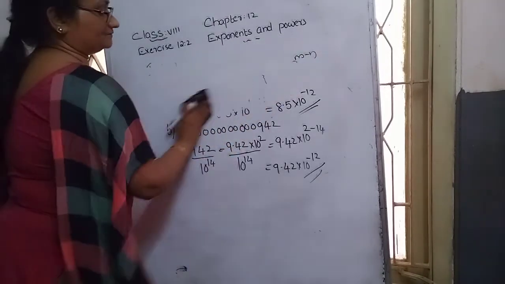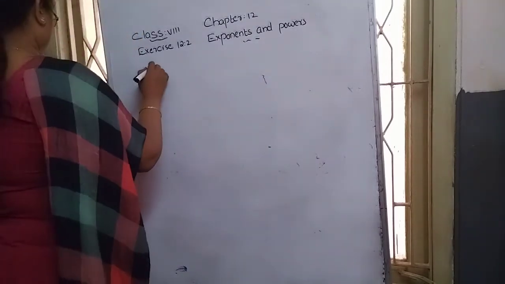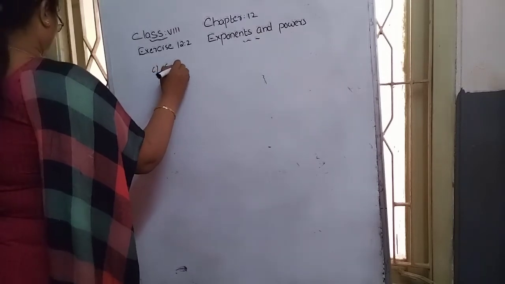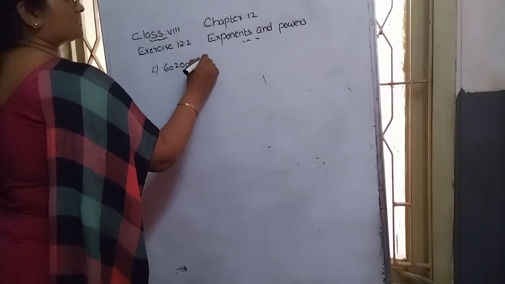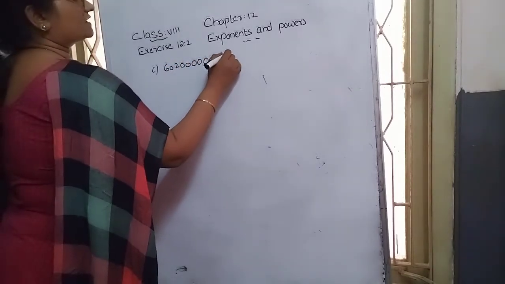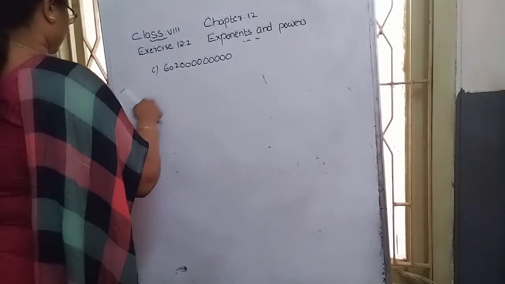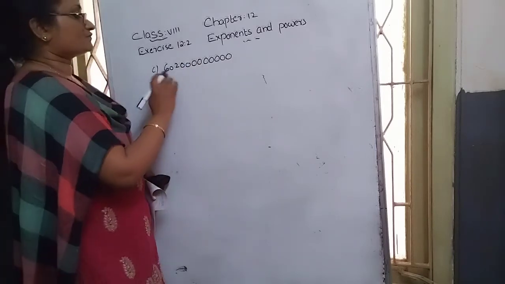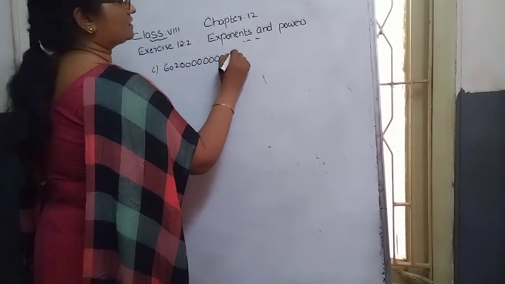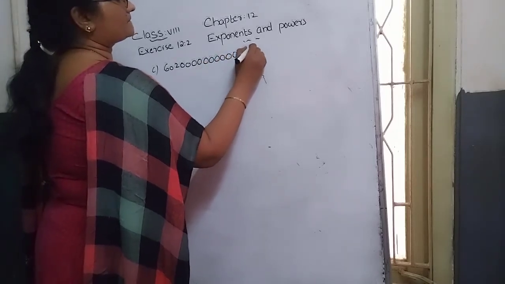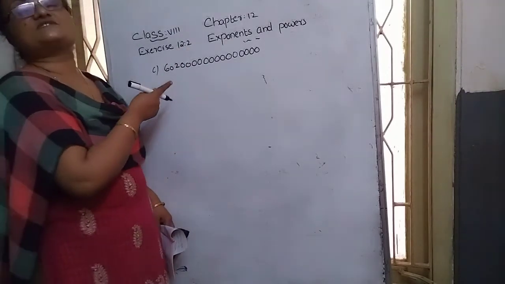Next, another model. Another question is 602 followed by zeros, represented in this way. Here, see, the zeros are on the right side of the number.